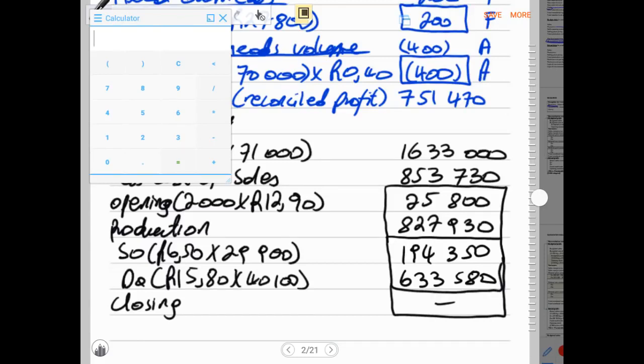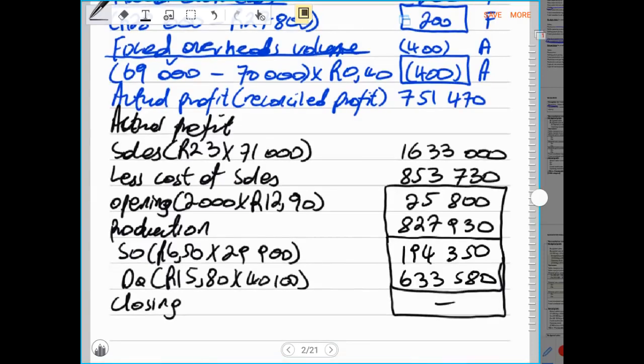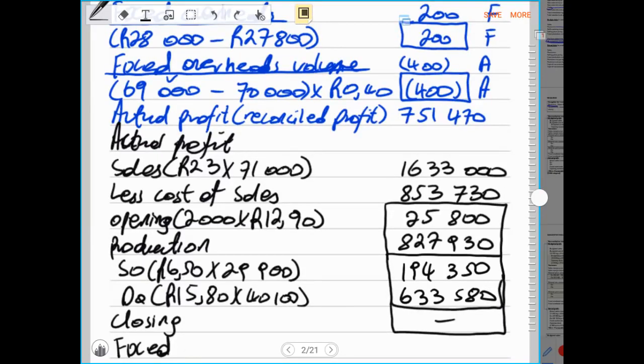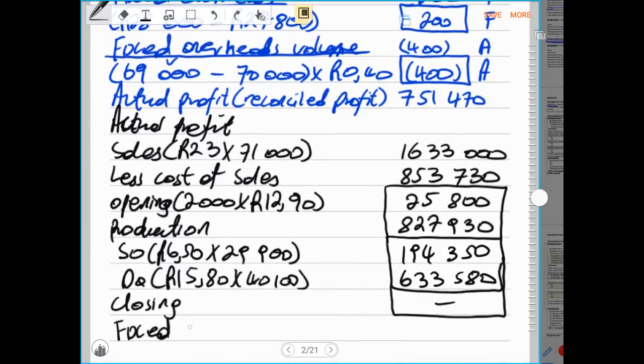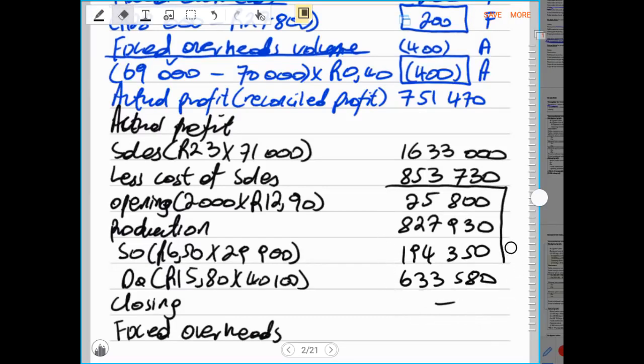Okay, one part that we need to account for is fixed cost. Don't forget, that's why it does not balance. Fixed cost, which is fixed overheads, and our fixed overheads are part and parcel of the production cost.